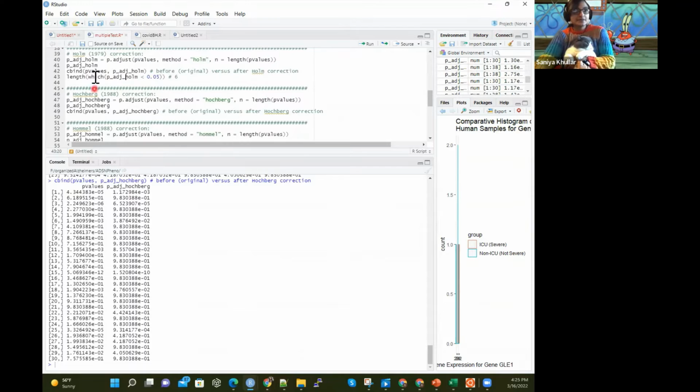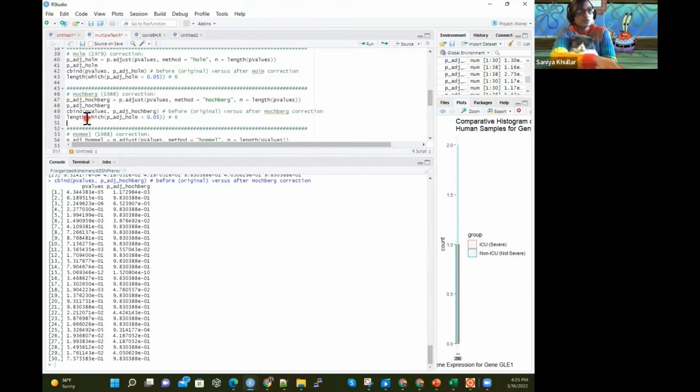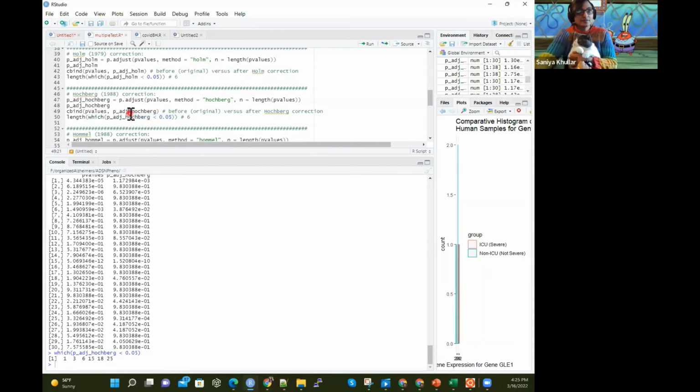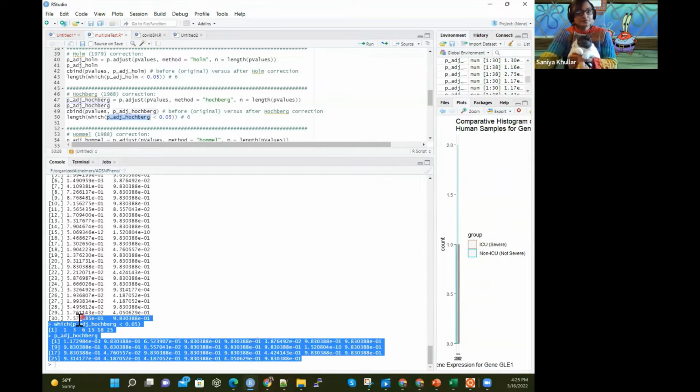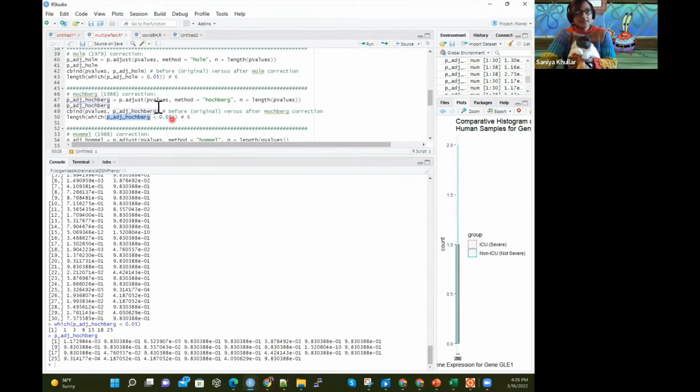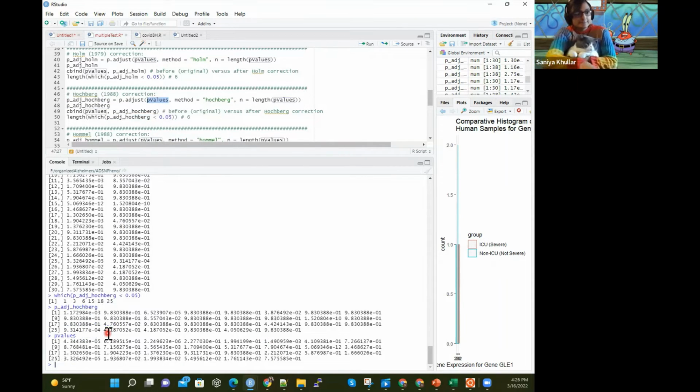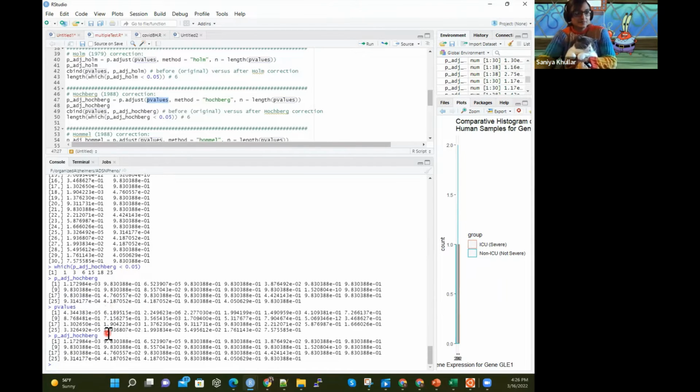And I can similarly find how many of these Hochberg p-values would be less than 0.05. So let me just plug this in here. What which is doing is just finding the location of the indices. It takes in our set of p-values from here, and then it does this adjustment for them.